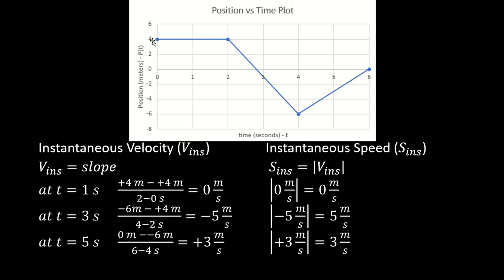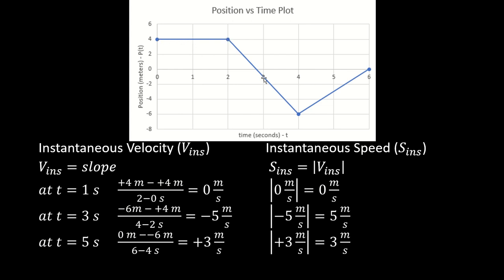Makes sense. We're not moving at all, we're staying still, so our instantaneous velocity is 0 meters per second. And that would be true if we were looking at time t equals 1.5 seconds, 0.75 seconds. It doesn't matter that we chose one specifically, just that any point between here and here, the instantaneous velocity is still going to be 0 meters per second.